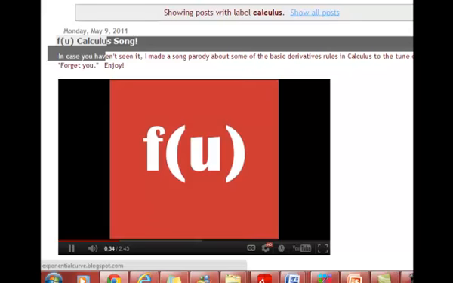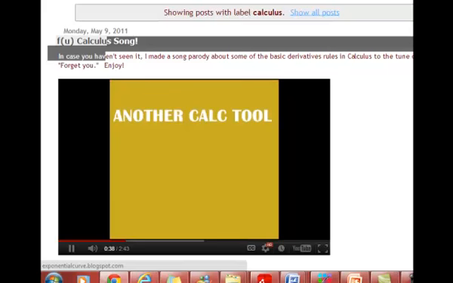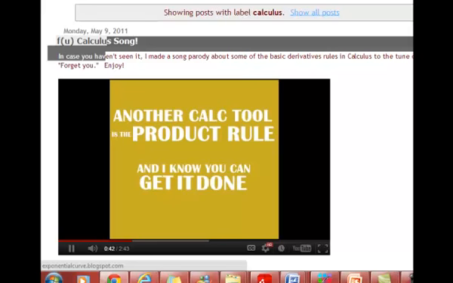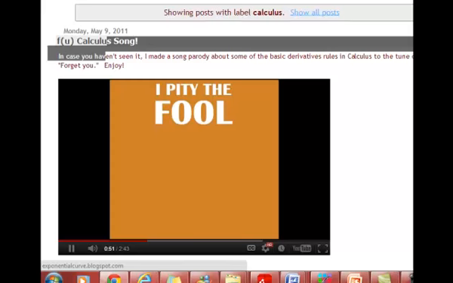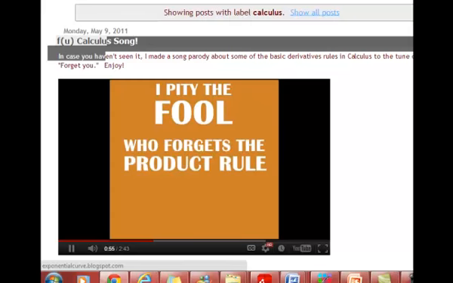Another calc tool is the product rule, and I know you can get it done. The slope of the product of functions 1 and 2 is 1 d2 plus 2 d1. I pity the fool who forgets the product rule.